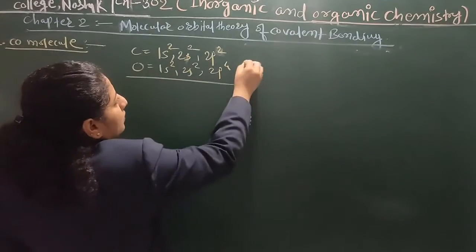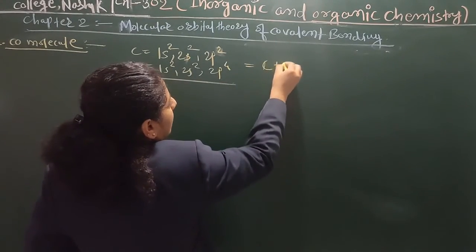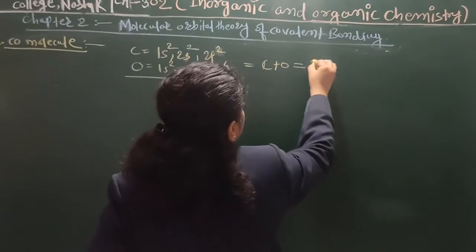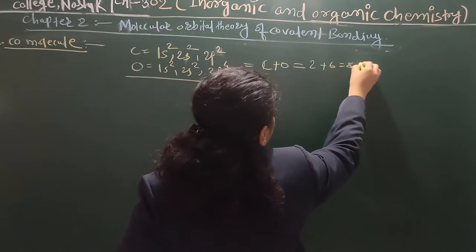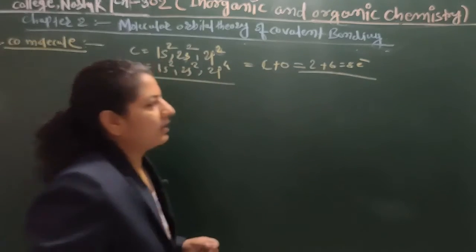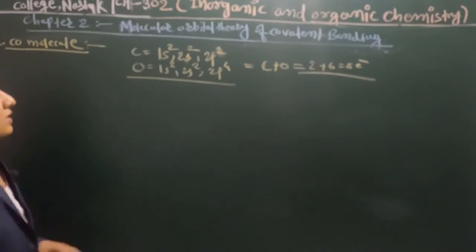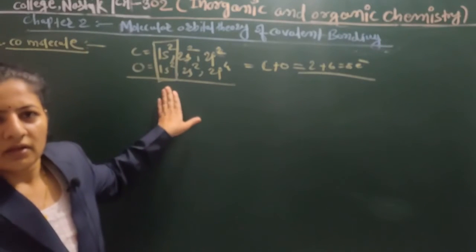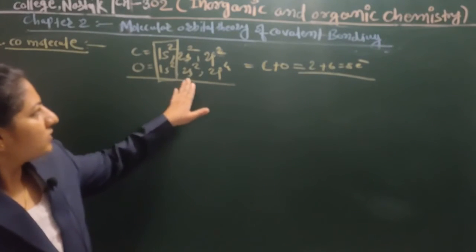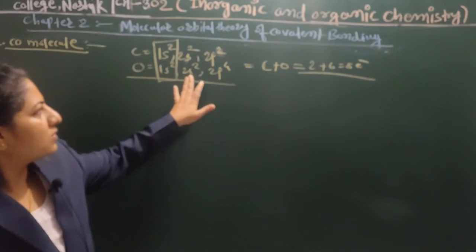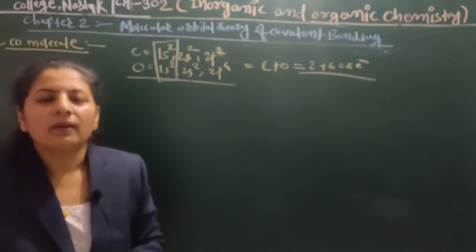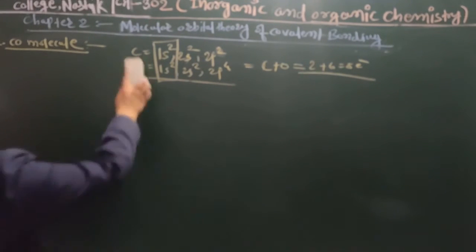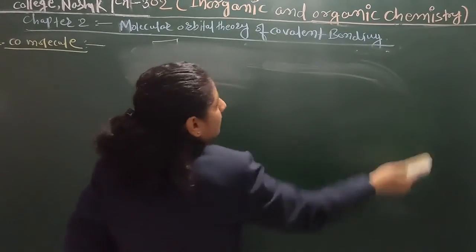So the total electrons of carbon and oxygen, that is 2 plus 6, 8 electrons, take part in bonding formation. Actually the 1s2 orbital doesn't take part in bonding, so only the 2s and 2p orbitals take part in bonding.